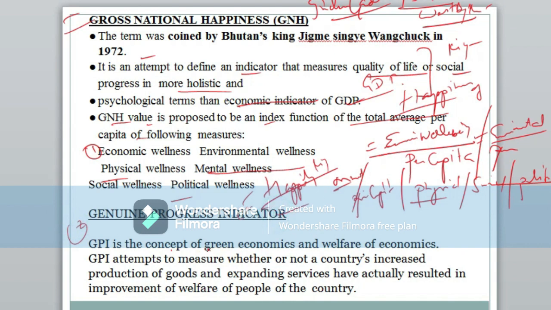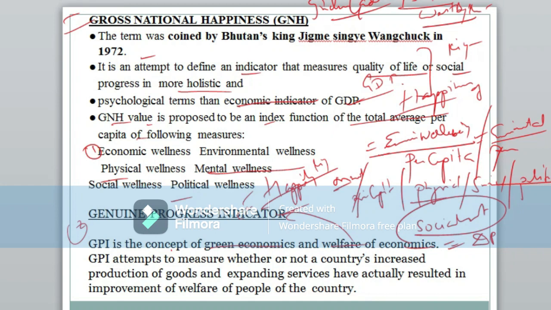Next index is the Genuine Progress Indicator. GPI is a concept of green economics and welfare economics. What is welfare economics? This is the socialist model of economy, which we see in our constitution, provided through the Directive Principles of State Policy, which makes India a welfare nation. Under Article 38, we see the DPSP providing the GPI, that is the Genuine Progress Indicator.